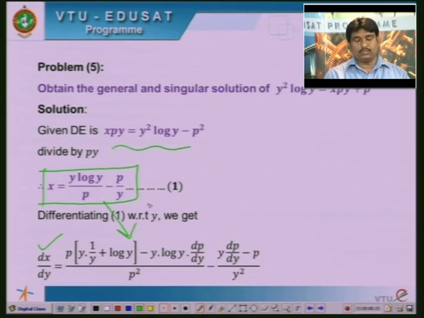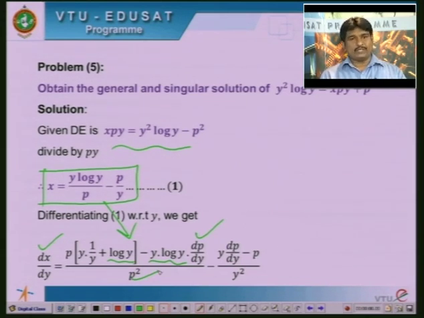for the first term, apply the quotient rule: denominator into derivative of numerator. Denominator is p, derivative of numerator. Derivative of y log y is y into derivative of log y, which is 1 by y, plus log y into derivative of y, which is 1, minus numerator. Numerator is y log y into derivative of denominator, which is dp by dy, divided by denominator square, which is p square.